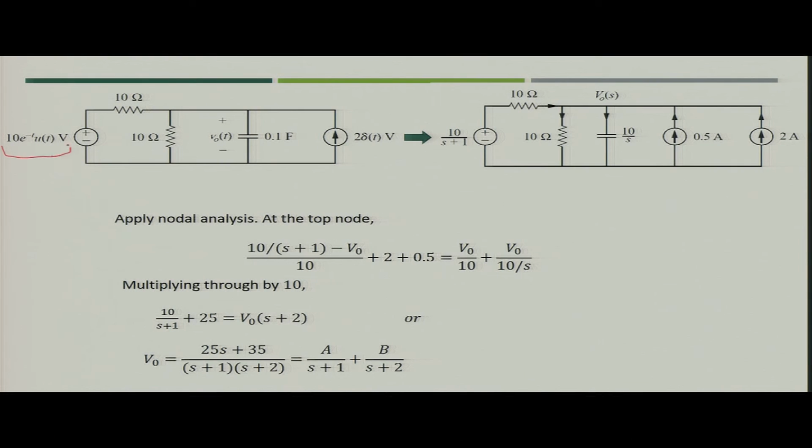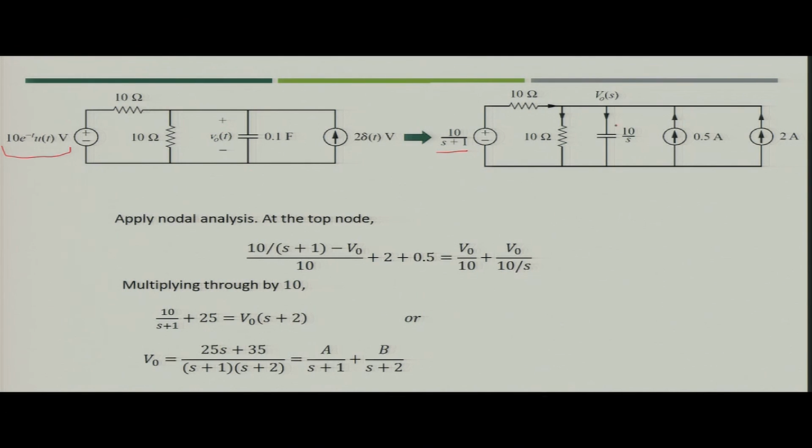The unit step function multiplied by the exponential means you are getting a time shift. So, the Laplace transform of the voltage source will become 10 upon S plus 1, and the resistances will remain the same.